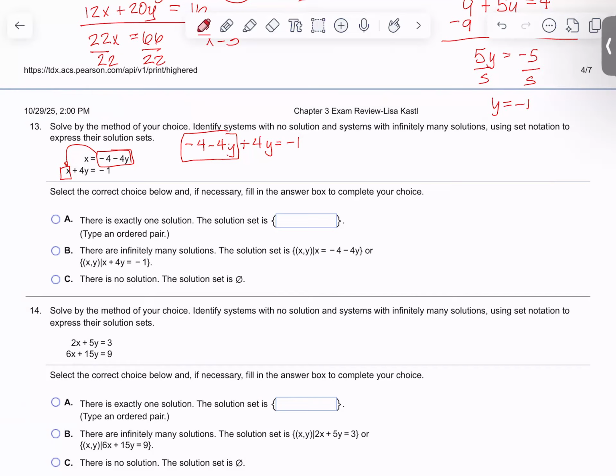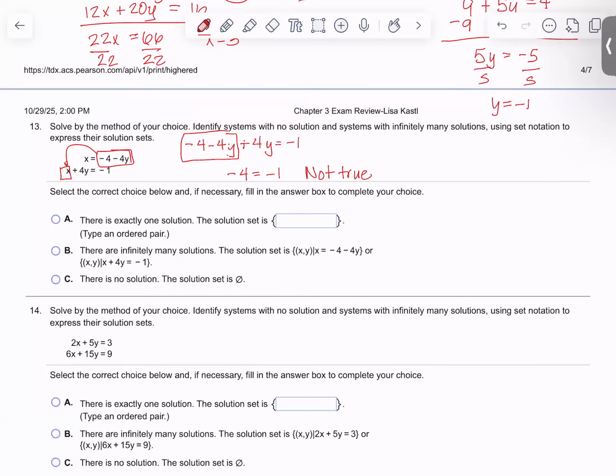Now what happens over here though? -4y plus 4y is 0. If the coefficients add to 0, then those terms are going to add to 0. So I end up with -4 equals -1. Well, that's not true. -4 does not equal -1.